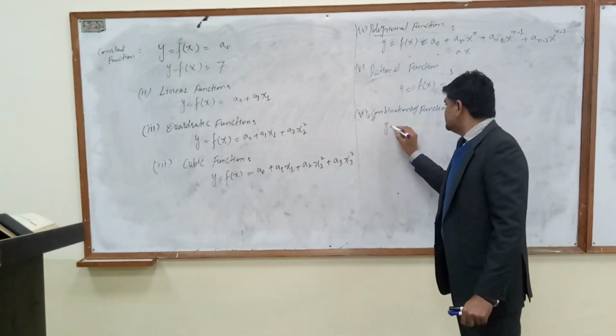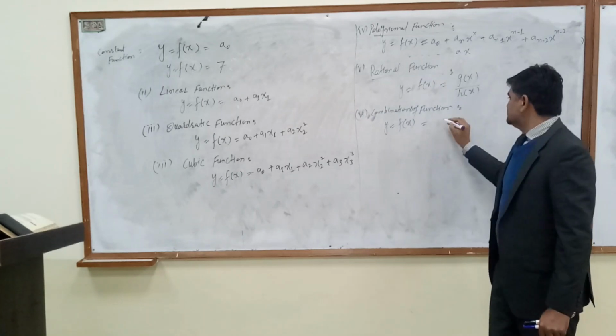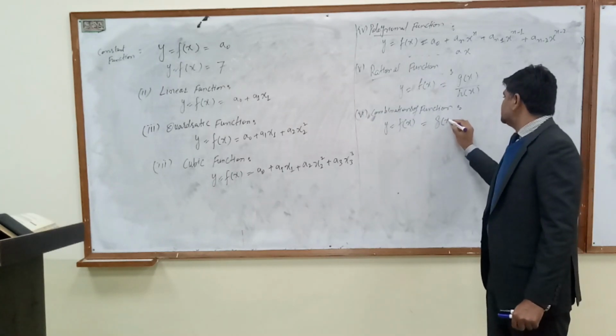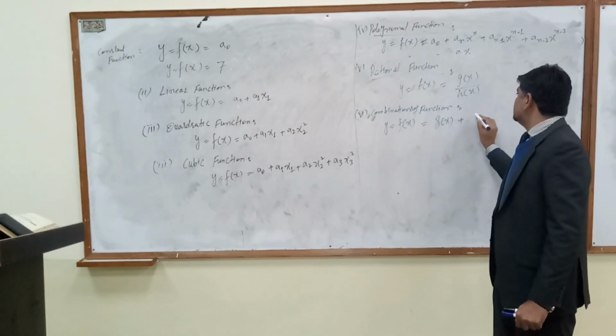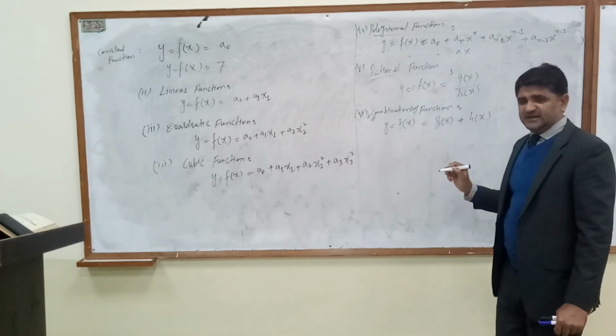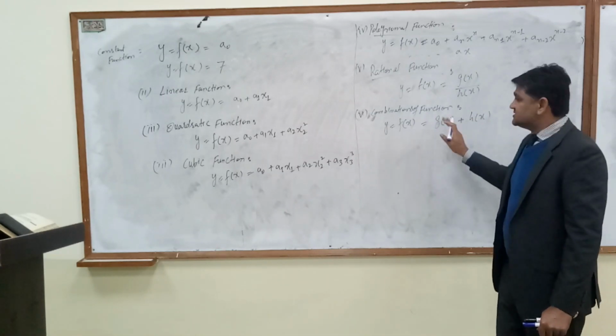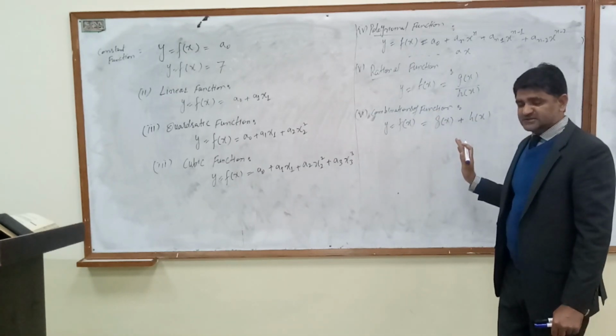For example, y is equal to f of x is equal to, suppose, g of x plus h of x. They can be added, they can be subtracted. That is called a combination of functions.